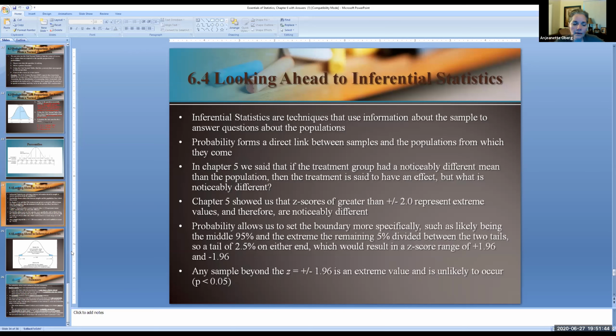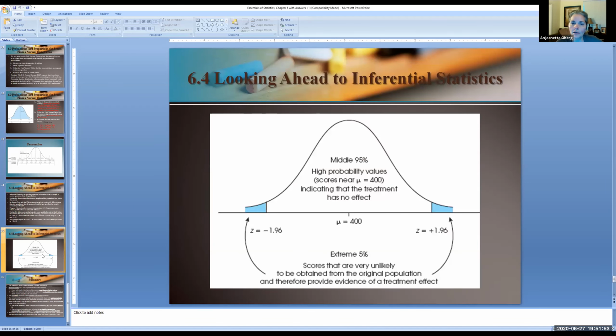And then as we're starting to think ahead for what this means for inferential statistics, it really goes back to linking the probability with what's the norm versus what's the critical region. We've talked in general numbers about beyond a z-score of 2.